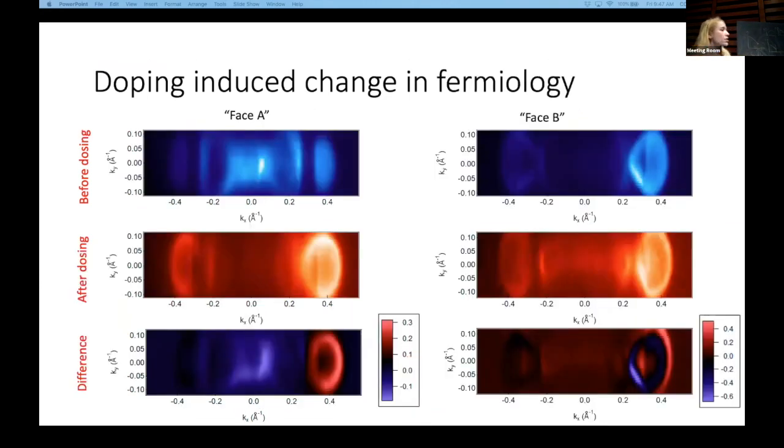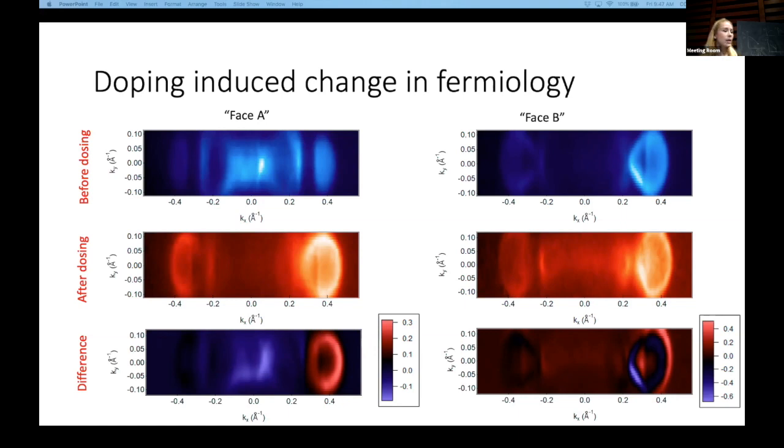Okay. So here's the doping induced change in fermiology. So we have before the potassium doping, we have our gaping hole and we have our V-shaped surface feature. And then after dosing, you have a feature appearing here where there was once a gaping hole, and then you have a gap appearing on face B where there was once this V-shaped surface state.